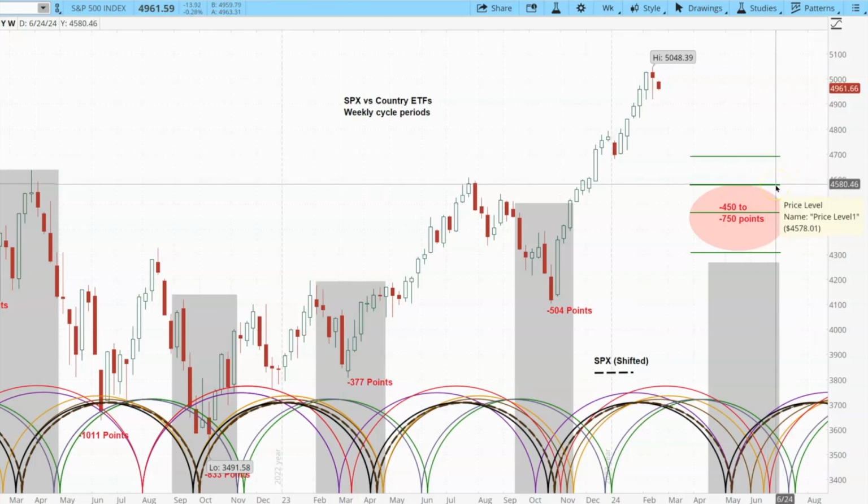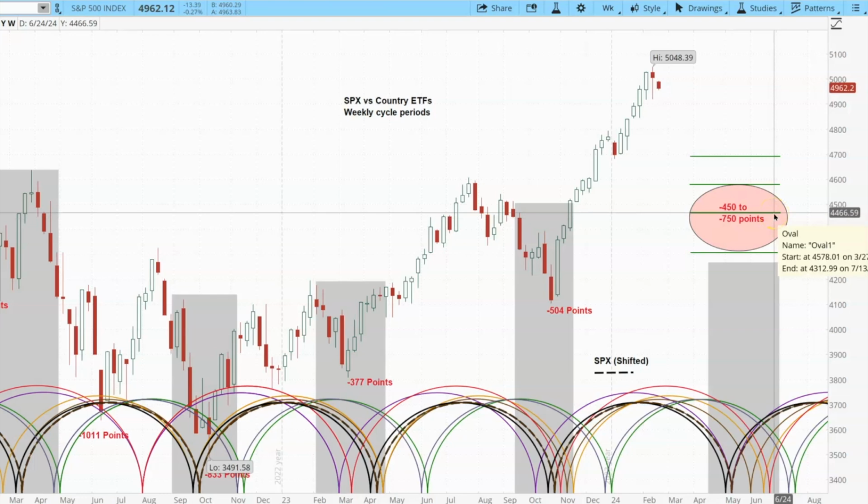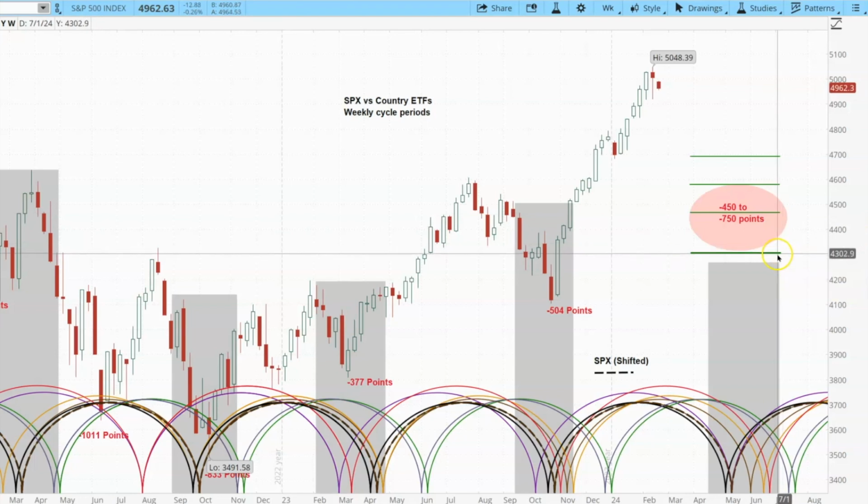This is the 50% here, and that's 500. This is the 61.8, that's 500 or almost 600 points, and this is 750 points down to the 78.6. So that's the way this lines up.